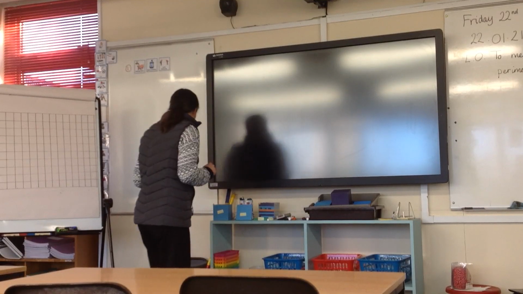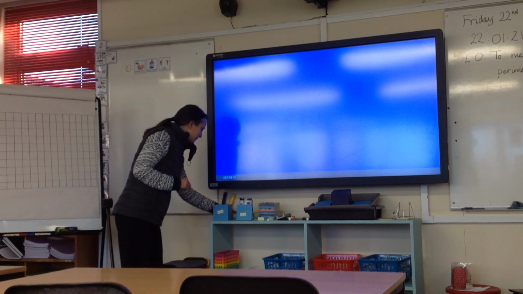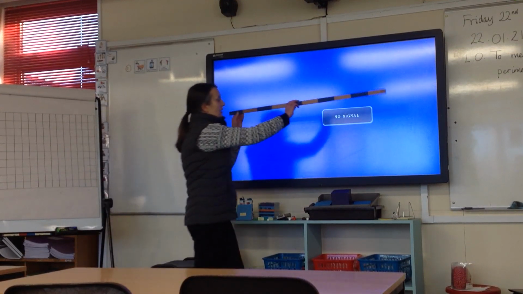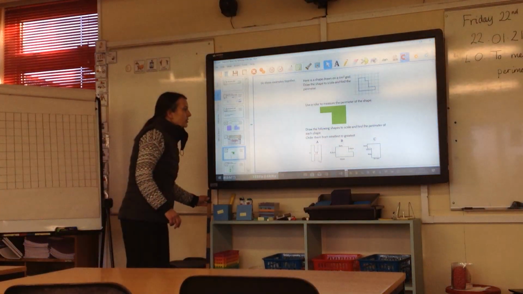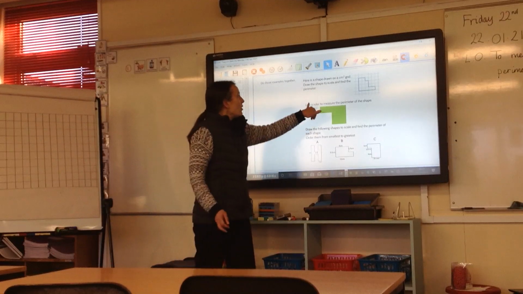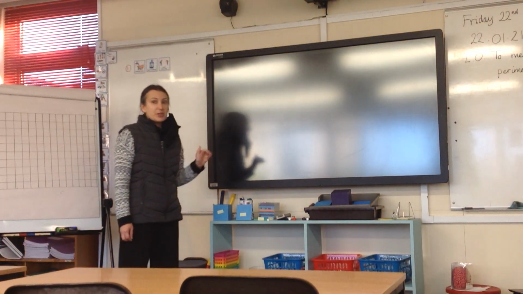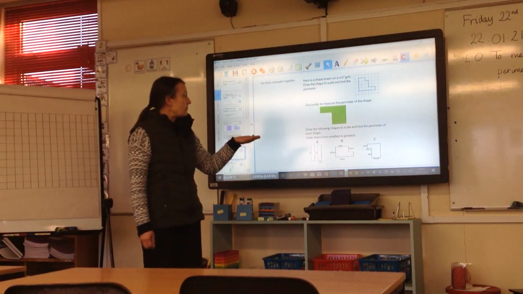So you can then use your measuring tool, your ruler, and then measure across all the different lines. Oh, there we go, and then suddenly appears, all the way around, and then add up your totals. At the bottom of the screen, there are 3 shapes, A, B and C.